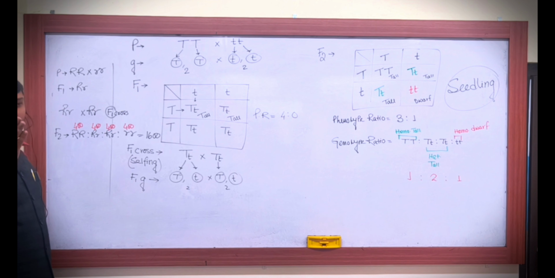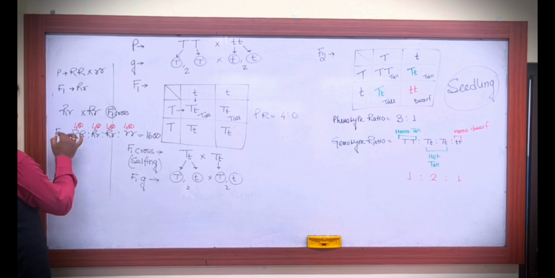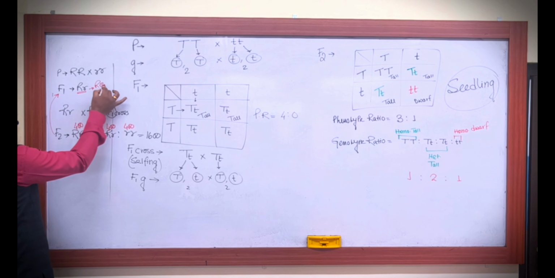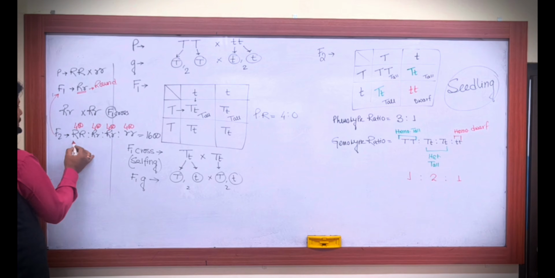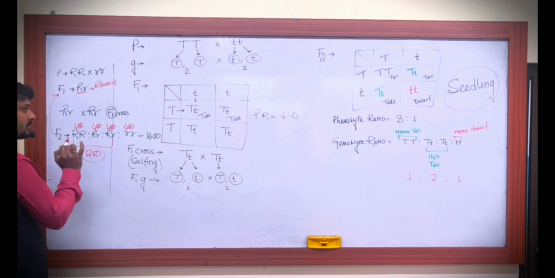Now they are talking about how many seedlings will have the parental phenotype. So how many of them will look like their parent? The F2 parent is F1. The F1 character is round. So we have to find out how many are round. This is 400, 400, 400, in detail.